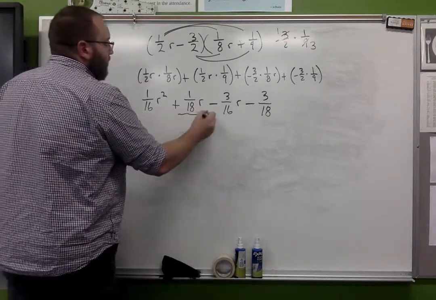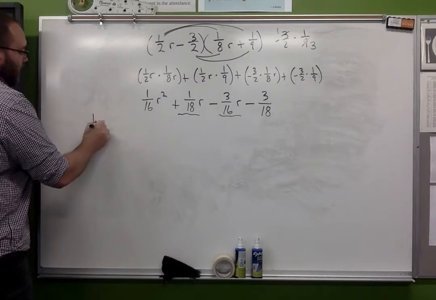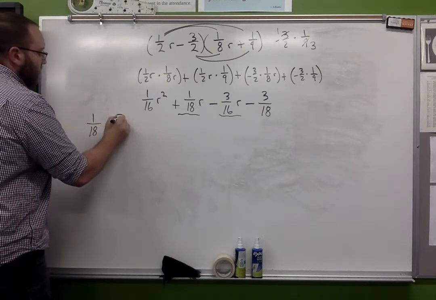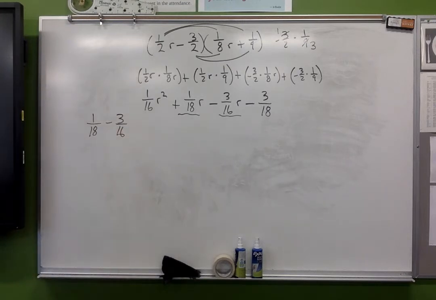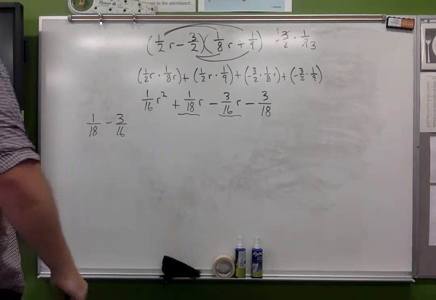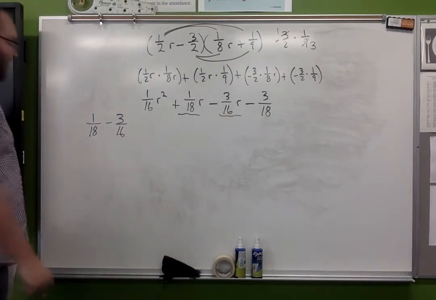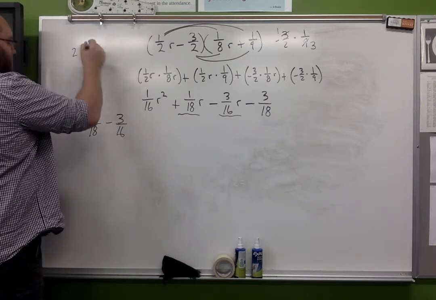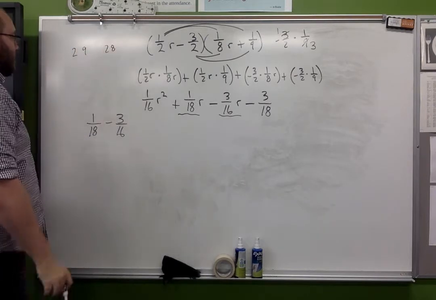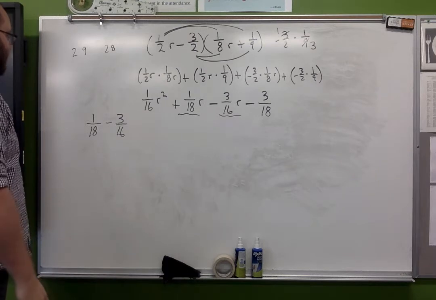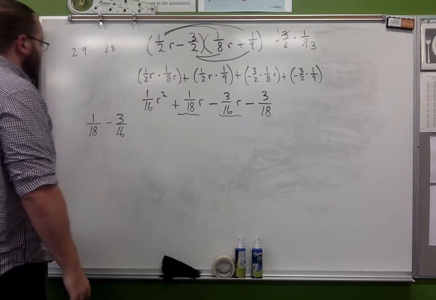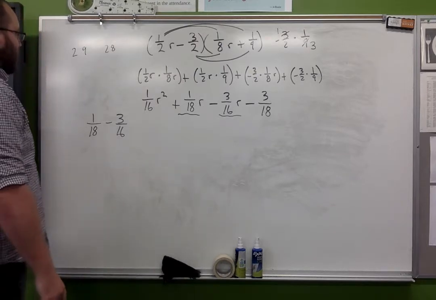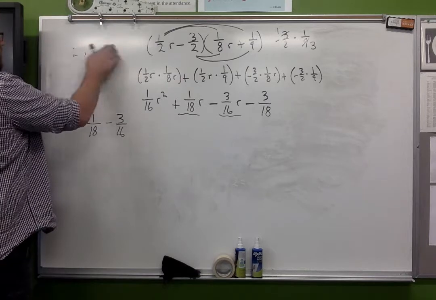Okay, combine like terms. So we need to do 1 over 18 minus 3 over 16. Can any of you think of a common denominator? I didn't think ahead, because now I'm going to have to do it on paper. Well, we could just multiply them together and simplify, because I don't want to take too much time up on this.